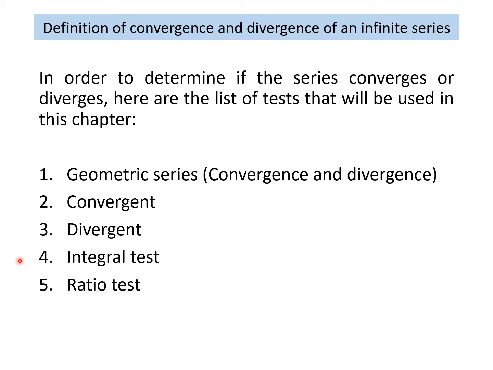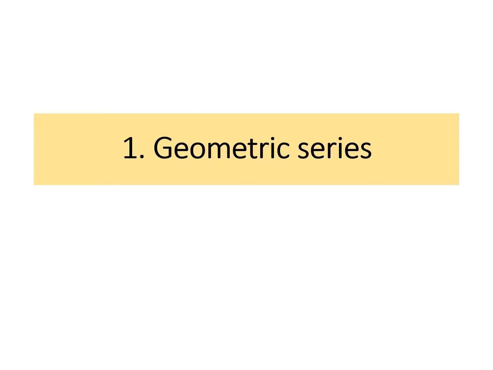The fourth one is the integral test, and the last one is the ratio test. Only these 5 tests will be covered. The first test is based on the geometric series.